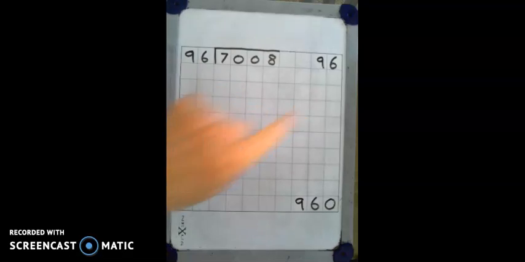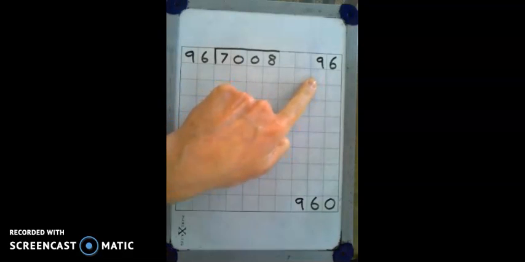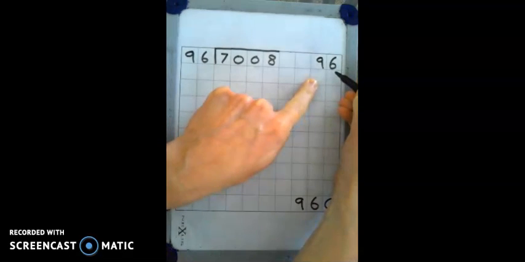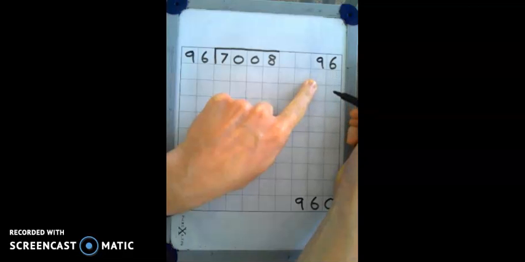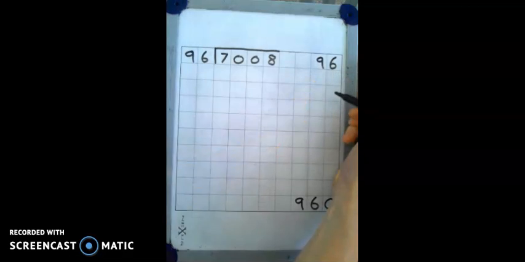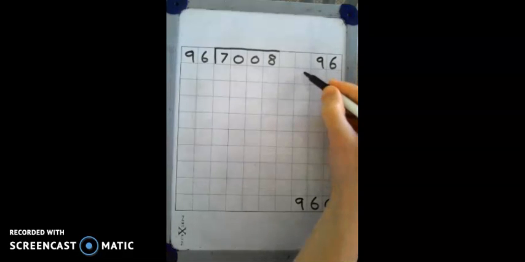Now, there's a little tip with adding on these multiples. 96 is 100 subtract 4. So each time it's going to be 100 greater than the previous number, but subtract 4. So 100 more than 96 would be 196.